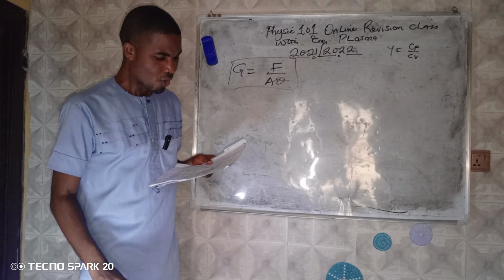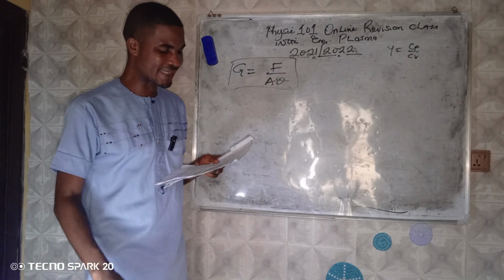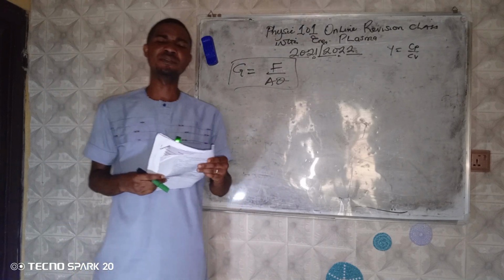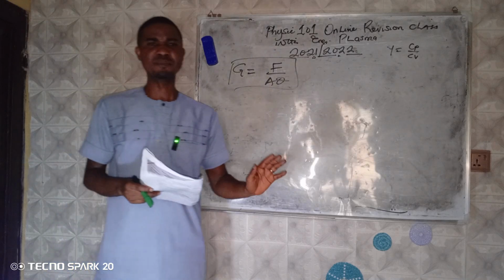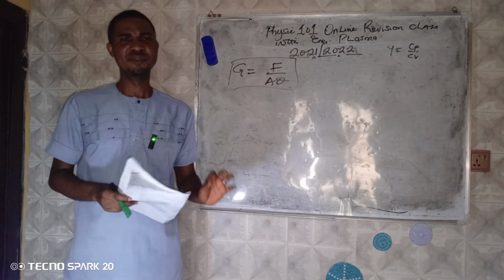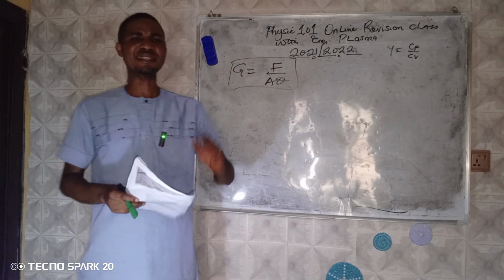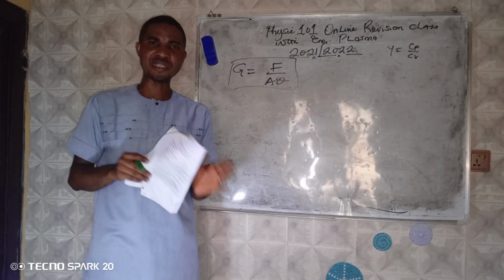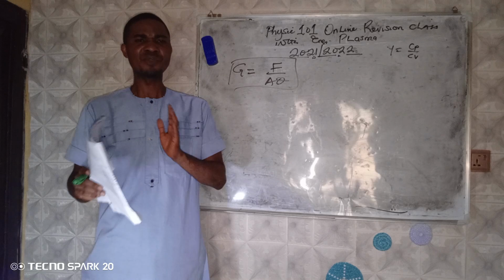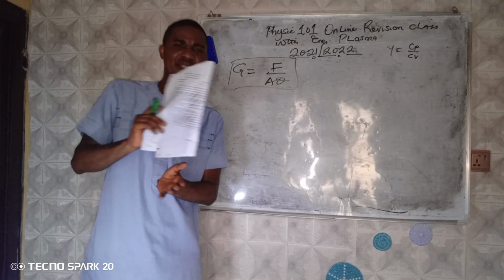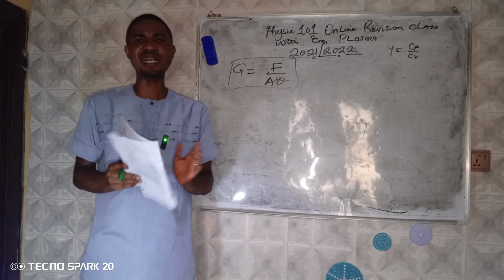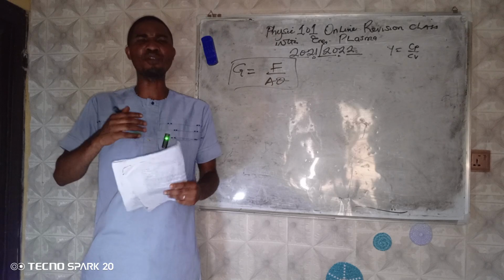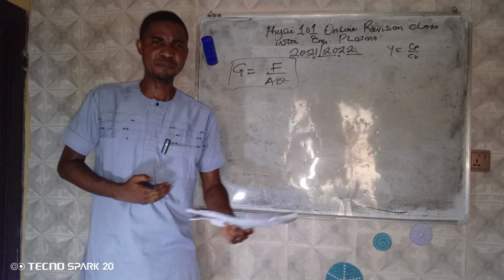Number 4, example of viscous liquid is... Remember in part 1, we talked about viscous liquid. We say viscosity of a liquid is that force that acts between the layers of fluid and prevents one from sliding over the other. In a nutshell, viscosity of a liquid is that force that prevents the liquid from flowing.